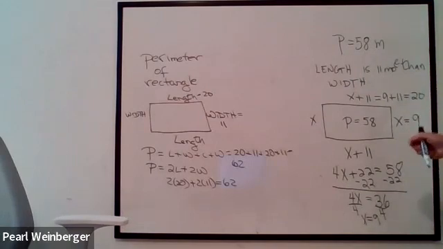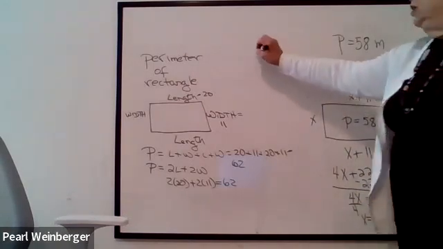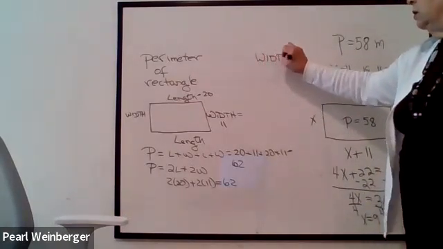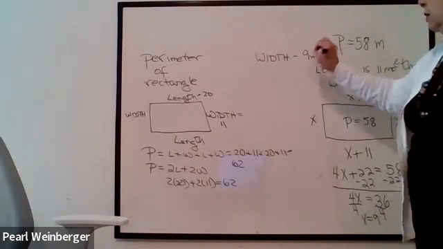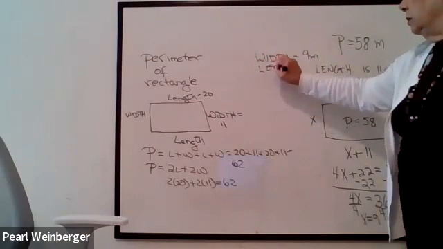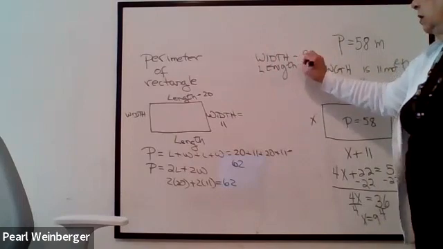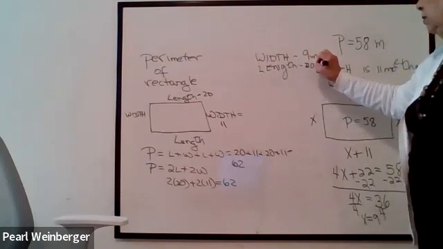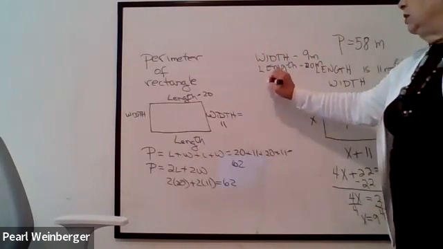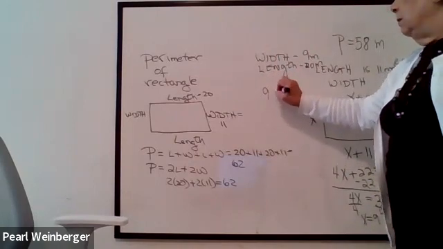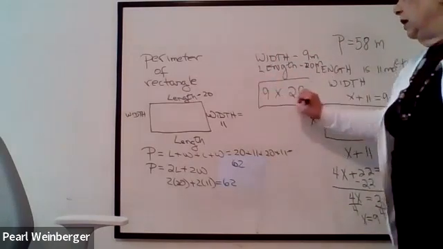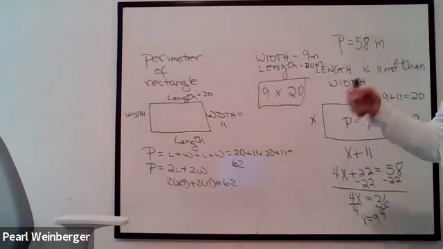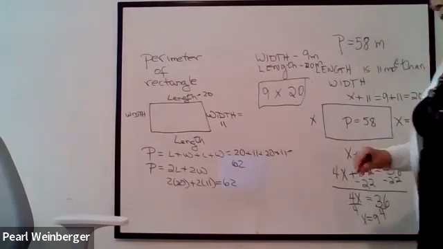And my dimensions are, I can write it either as the width is 9 meters, the length is 20 meters. Or I could write the dimensions are 9 by, sometimes you use an x, 20, is another way of writing it. But when they're asked for the dimensions, you're asked for both the length and the width.